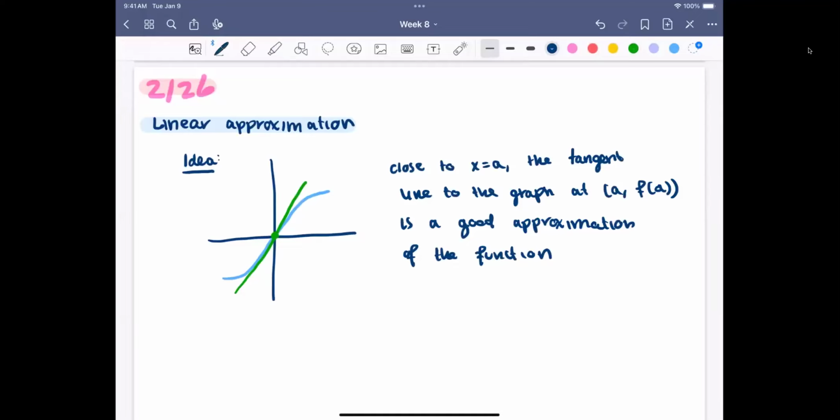But then for values close to that, we need some way of approximating what those values would be. And the other thing is that it's very easy to evaluate a linear function at whatever point you want, right? It's just multiplying by the slope and maybe adding a number. So it's going to be a lot easier to calculate than some other things like sine of x.